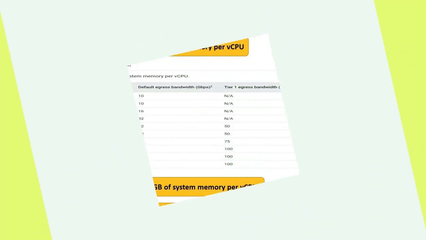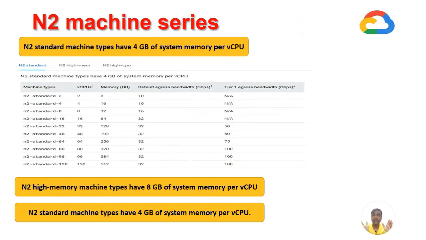Guys, similarly, the N2 machine series has N2 standard machine types and N2 high memory machine types. N2 standard machine types have 4 GB of system memory per vCPU, and N2 high memory machine types have 8 GB of system memory per vCPU.